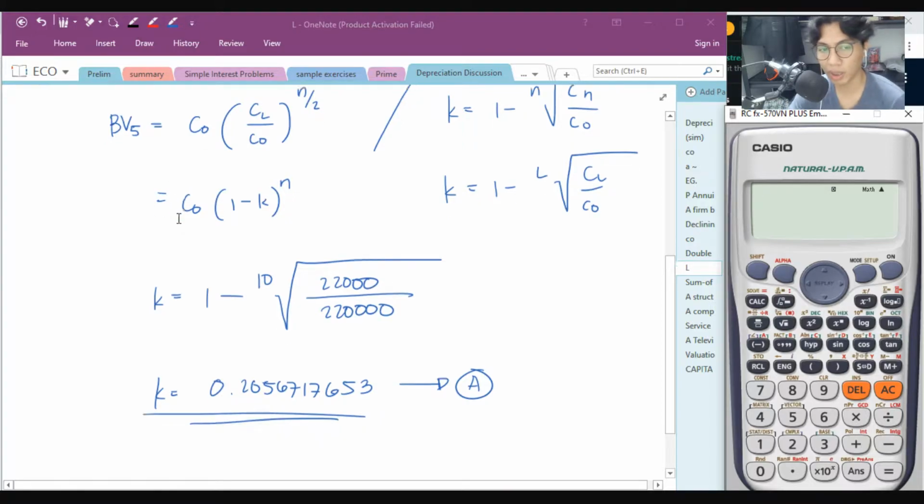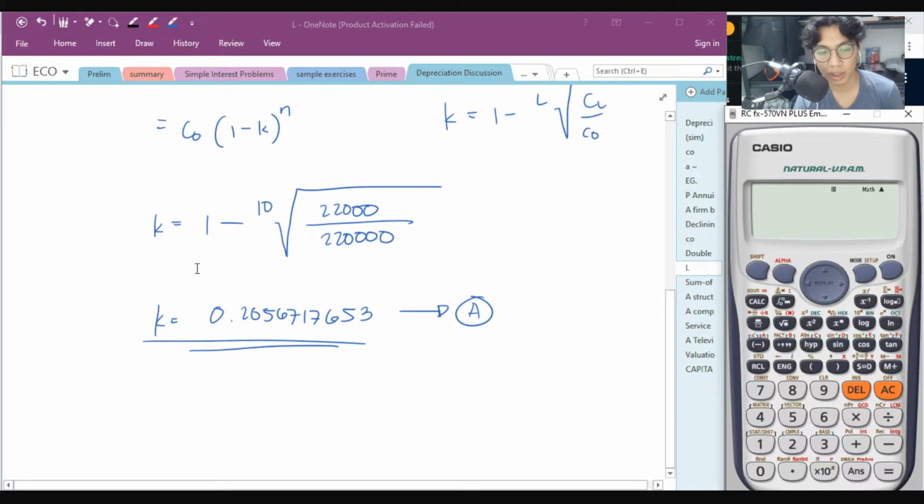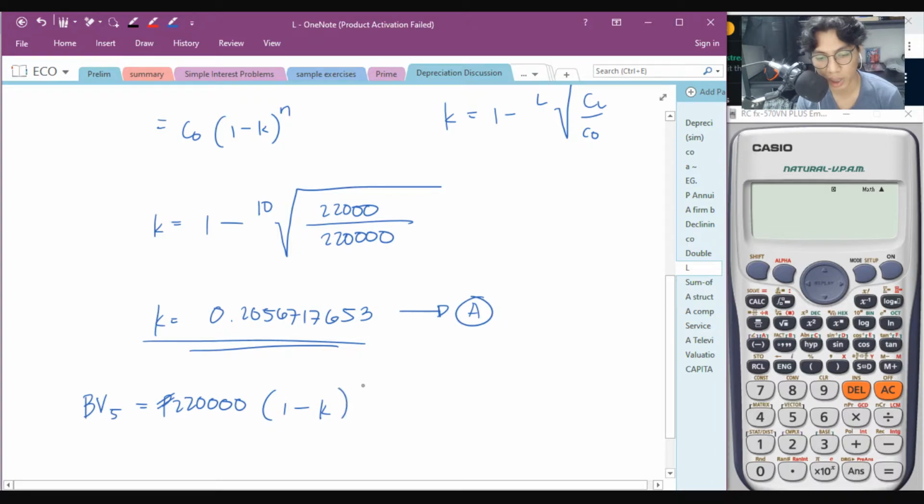So, pwede natin ipasok dito yung value na ng BV5. BV5, book value at the 5th year, CO is 220,000 pesos multiplied to 1 minus K. Nakastore siya kay A raised to the 5th year.